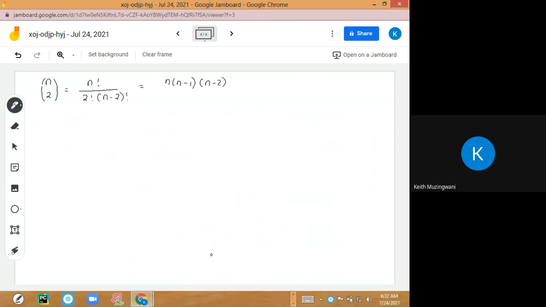But look, if you put a factorial here, this number n minus 2 can be found in the denominator, n minus 2 factorial. So what will this mean? You can cancel there, you can cancel here. So you get n multiplied by n minus 1 over 2 factorial. Okay, we leave it there. Let's go to n choose 3.